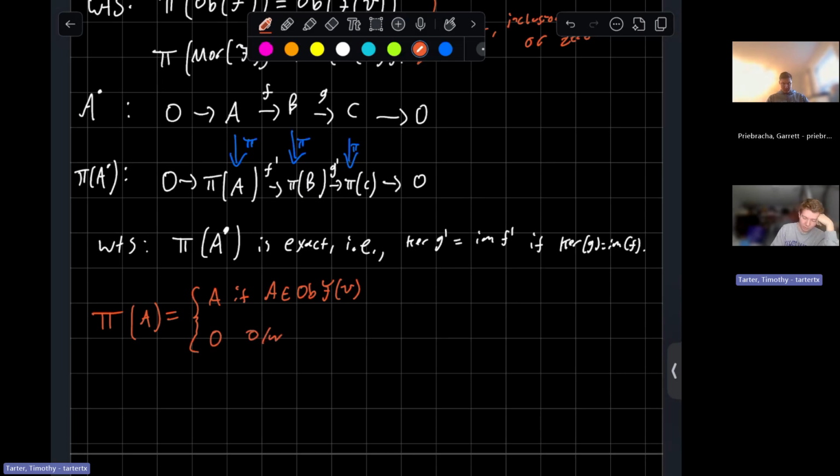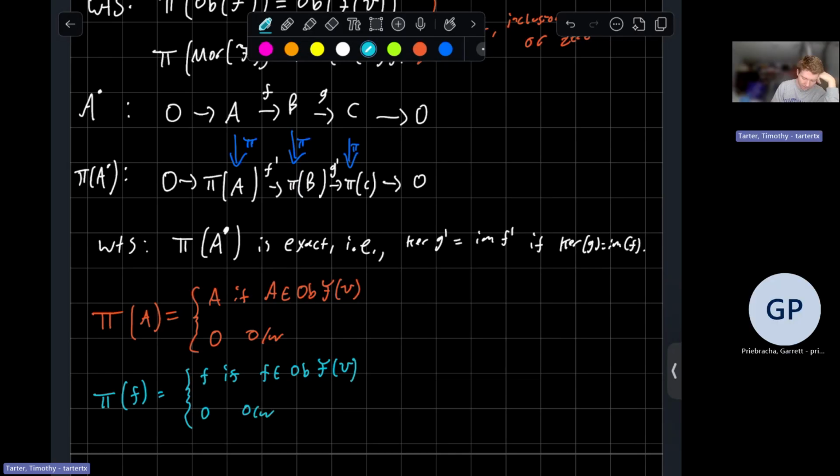It's really a piecewise thing. And then similarly for morphisms, π of F is equal to F if F is in F(U), 0 otherwise.